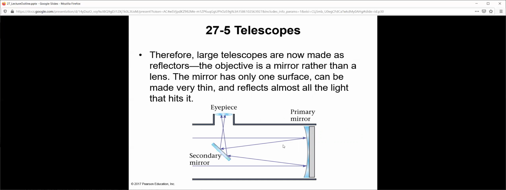So instead of adjusting an objective lens, you have moving mirrors back and forth that do the same act as we've been talking about, of bending the ray traces down so that they focus exactly where you want them to focus for your eyepiece. But you're using large mirrors instead because you're reflecting rather than refracting the light.